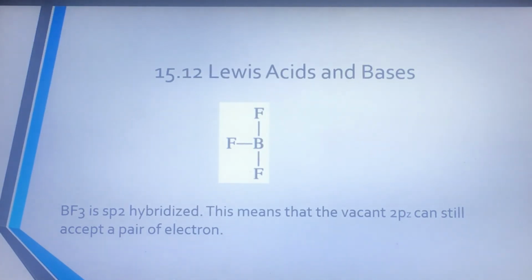This means that we have one s and two p orbitals that are hybridized to form sp2 hybridization. And we have another p orbital that is vacant, or has no electron, for boron. This is the 2pz. This vacant 2pz can still accept a pair of electrons. Meaning to say, it can accept electrons, so BF3 is a Lewis acid.